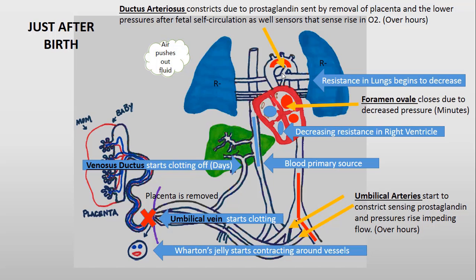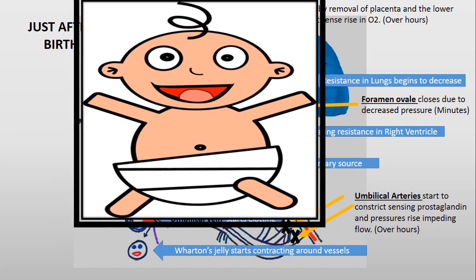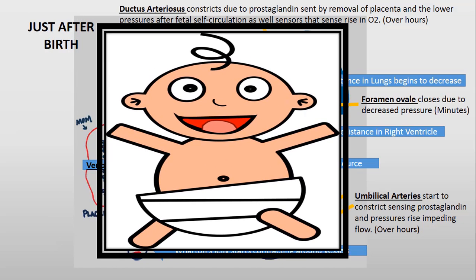As the pressures rise because of the clotting off of the umbilical arteries and the constricting from the prostaglandin, over several hours, they end up not having any circulatory efforts at all. So they clot off and they go away. And that's when you have a bouncing baby. Hopefully a healthy bouncing baby girl or boy.